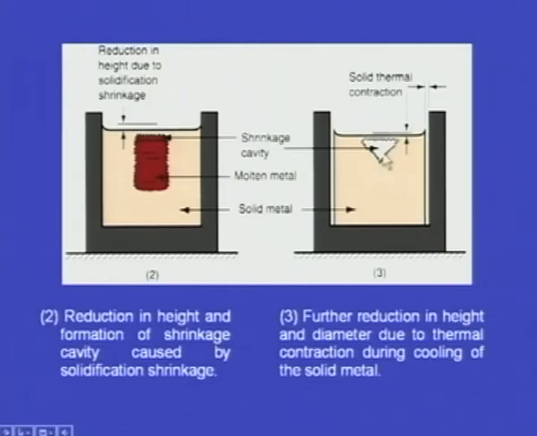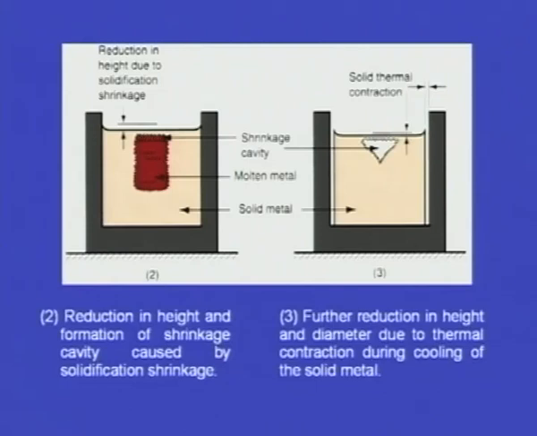During solidification, if it is a pure metal, the temperature will be constant, and after solidification it is still at a higher temperature. From high temperature it will come down to room temperature. Again there is a temperature drop, again it contracts, that is the solid contraction. Here we can see after solidification it has contracted, that is the solid shrinkage.